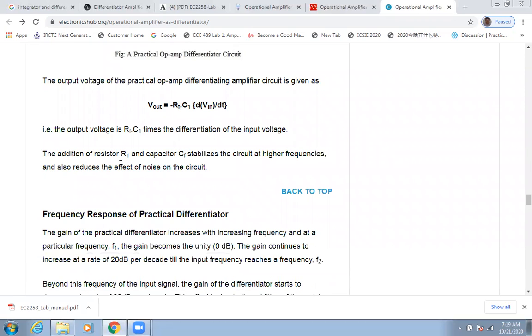The addition of resistor R1 and CF stabilizes the circuit at higher frequency, and it also reduces the effect of noise on the circuit. We can say that the addition of R1 and the capacitor CF provides stability at higher frequency as well as reduces the impact of noise on the circuit.